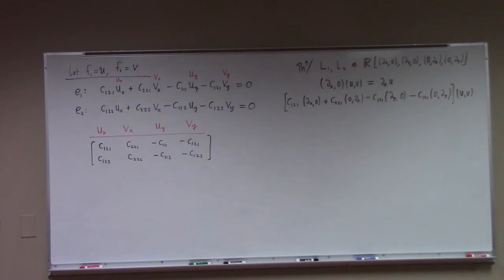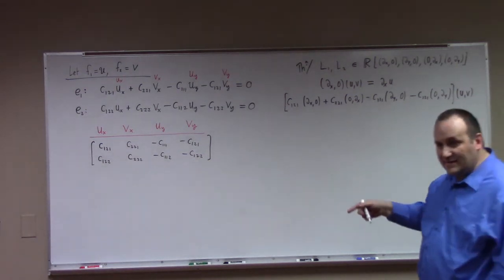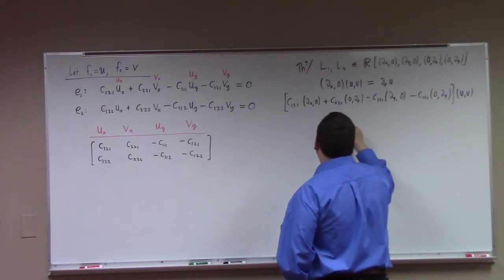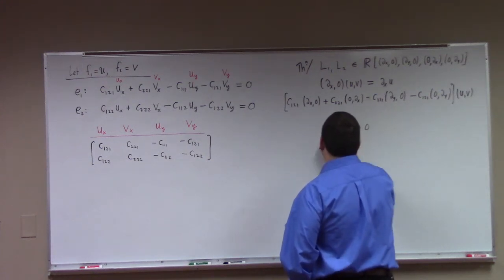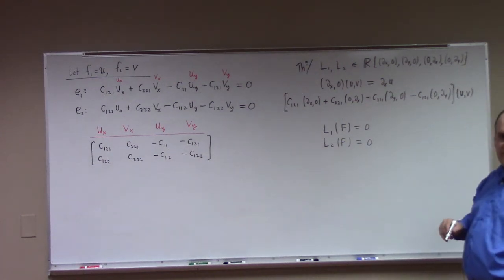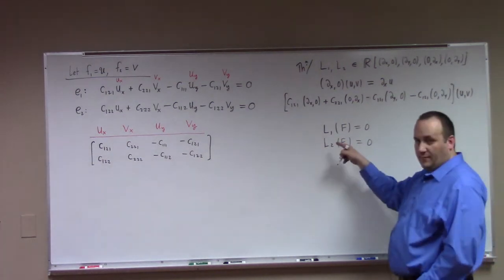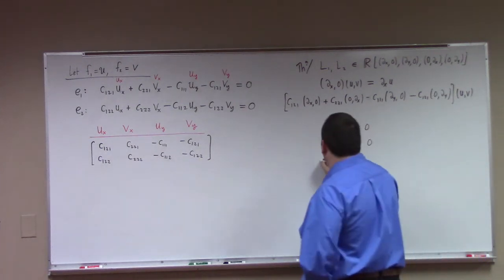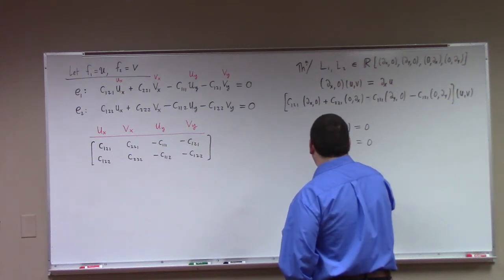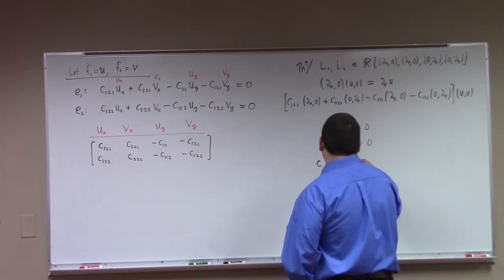What I'm trying to say is, if I can come up with a formalism which takes my system of PDEs and rewrites it as L1 of f equals 0 and L2 of f equals 0, then it's pretty clear that, these being linear operators, any non-zero constant c times L1 of f is also equal to 0.